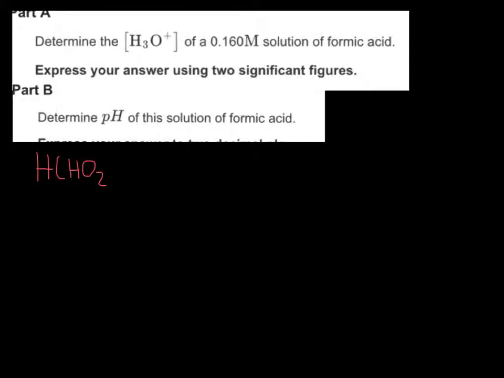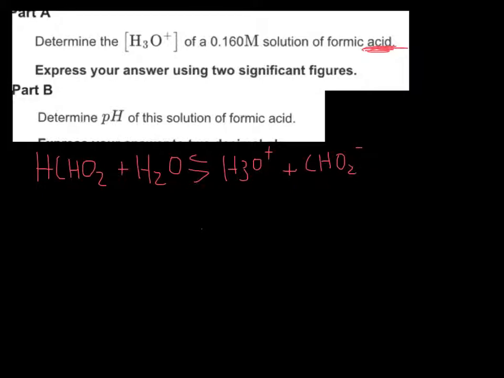That is formic acid. Since it states that it is an acid, we are in this constant of equilibrium. We do plus H2O, equilibrium sign, and then we do H3O+, plus CHO2-.